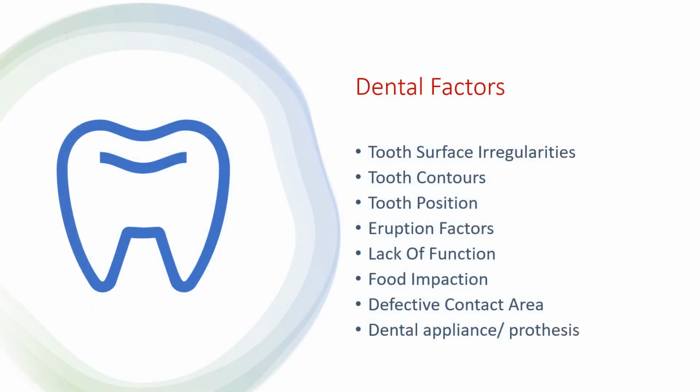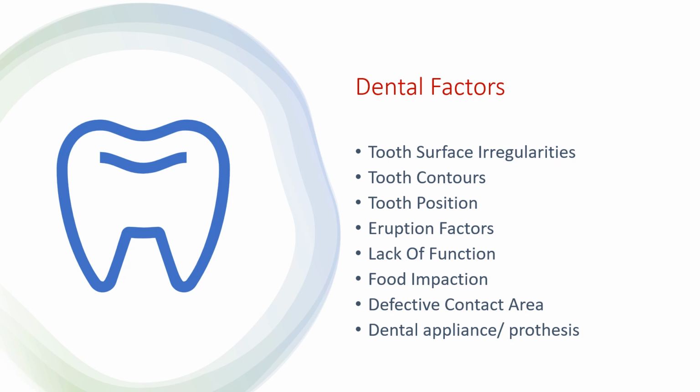Factors are going to include tooth surface irregularities, such as pits and fissures. Tooth contours include an altered shape that can interfere with oral self-cleansing. Malocclusion can make areas more difficult or more prone to collect biofilm.